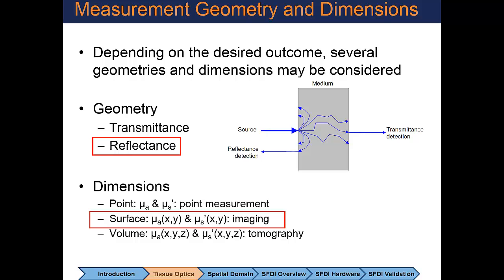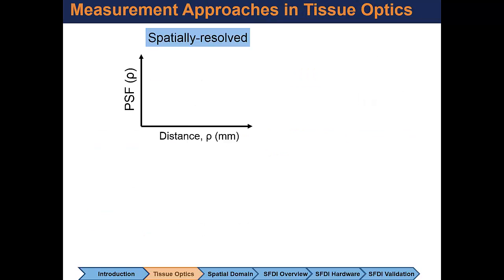We could also do volume reconstruction, where we have a 3D representation of absorption and scattering. That's what I'd refer to as tomography. Today, you'll see mostly 2D maps of absorption and scattering or chromophores, perhaps with some layered depth resolution.